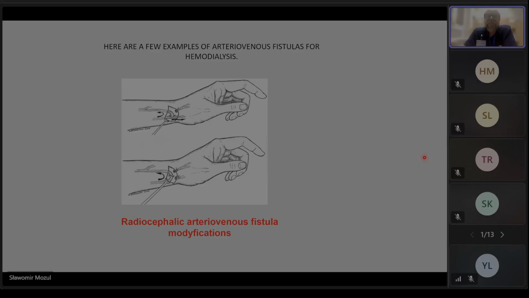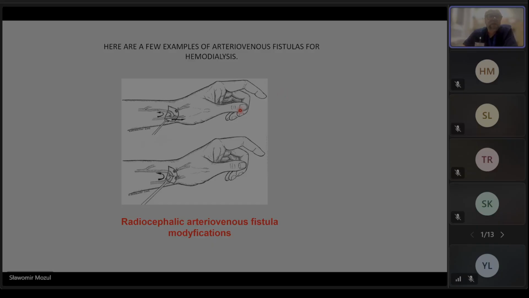This illustration shows a radiocephalic fistula, and we can see 2 modifications. In the upper diagram, the end of the cephalic vein is connected to the radial artery, allowing blood to flow directly from the artery into the vein.